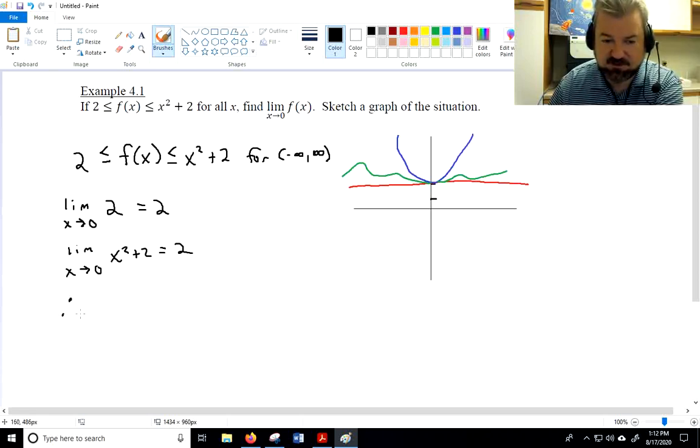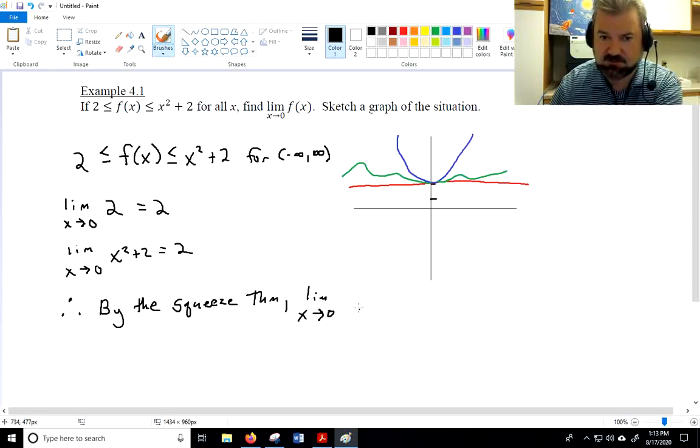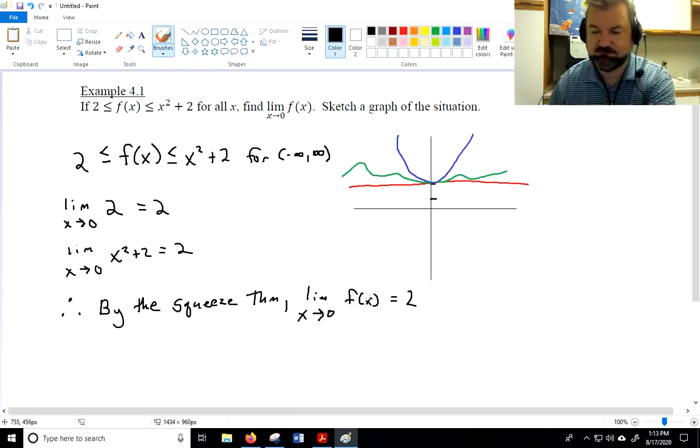And these 3 dots mean therefore. And you can say either one, but I'll say by the Squeeze Theorem, the limit as x approaches 0 of f of x must equal 2.